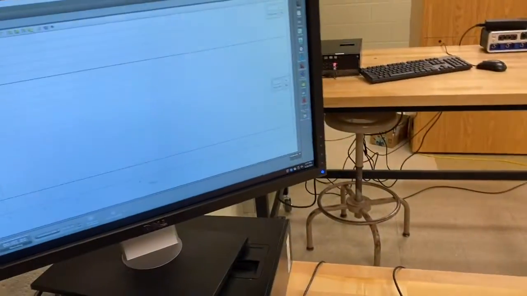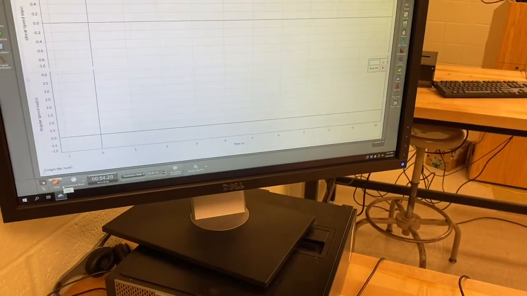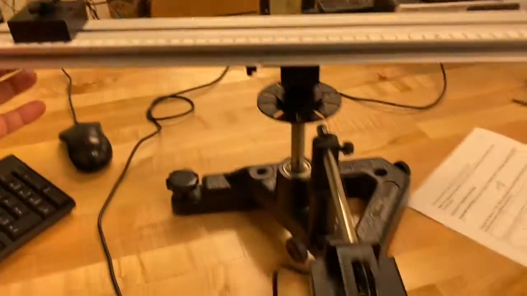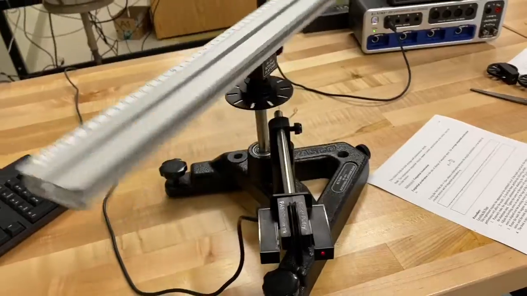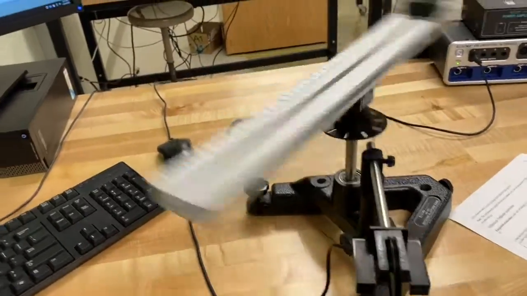Okay, let's record data. I'm going to let this go. I'm holding this, let this go. Now the system is accelerating downward. I need few data points, so just stop recording data.